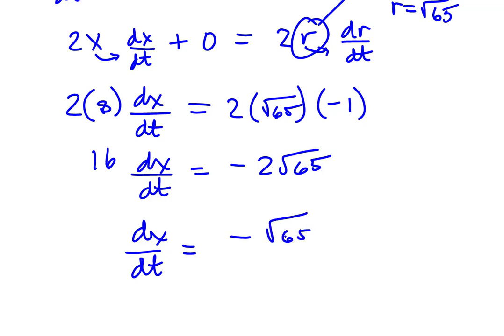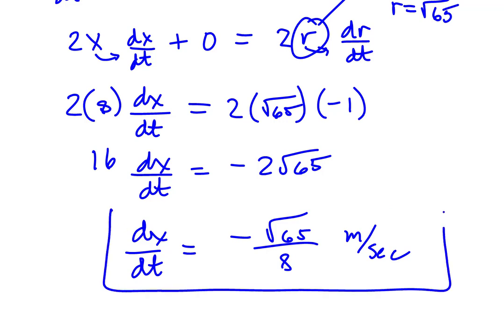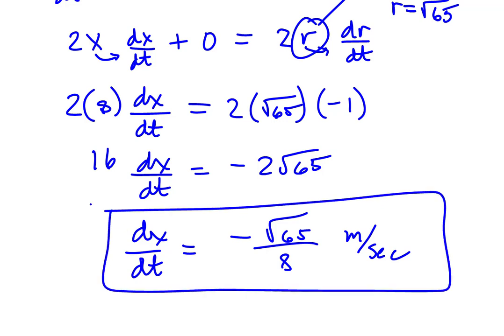We'll end up with negative square root of 65 over 8. And then if you recall back from our diagram, the units for x would be just meters. That was the distance between the boat and the dock. And so our rate for dx dt should be in meters per second, as time is measured in seconds in this case. So negative square root of 65 over 8 meters per second.